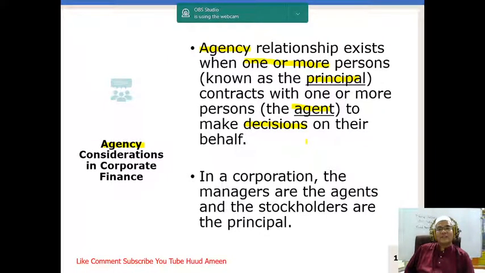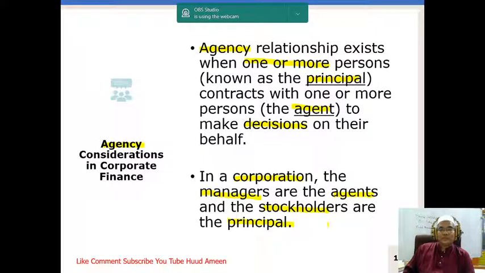The principal might not have much time to run the business, they might want to rest at home, and you appoint an agent to represent you. In a corporation, the managers are the agents and the stockholders are the principals.